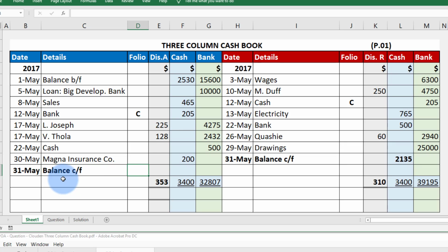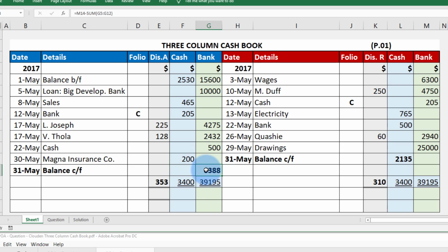Carried forward. How do we calculate that now? It is now equal to this total minus the sum of everything above this total. And there we have it.